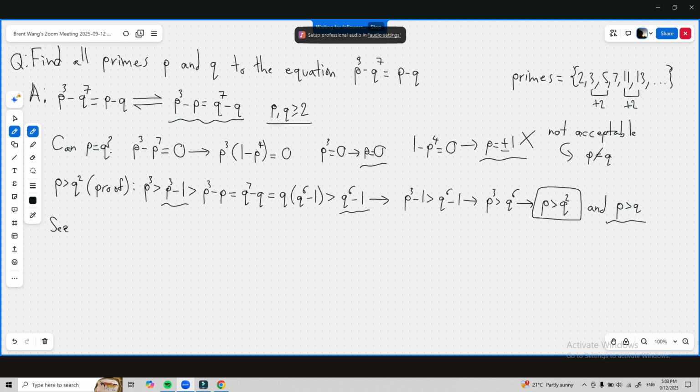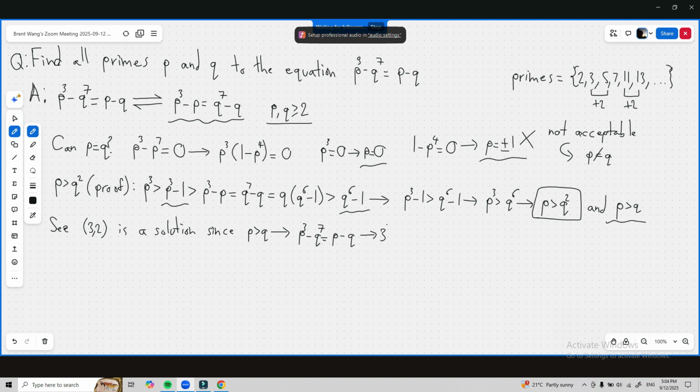Okay, so since p is greater than q, let's see if p equals 3 and q equals 2 is a solution. I should have written that since p equals q doesn't work in the beginning, but yeah. So let's see if it's right. p cubed minus q to the 7 is equal to p minus q. So p is 3 and q is 2.